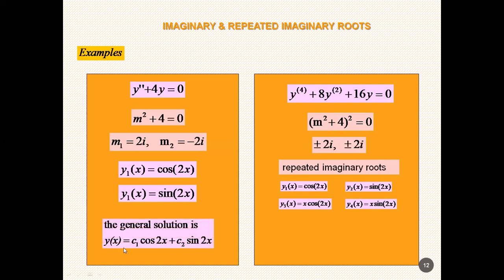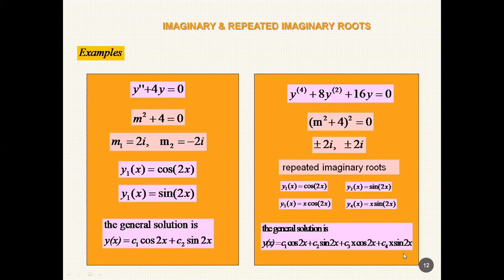The first one will have this as the general solution. The second example will have this as the general solution. You can write these first two in here and then followed by this one. Doesn't matter as long as all these 4 root representations are present.